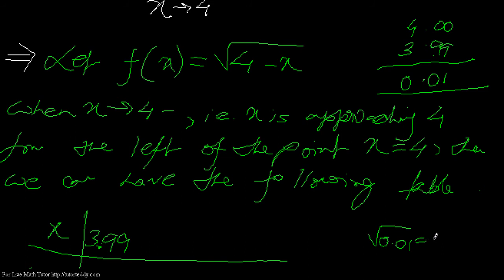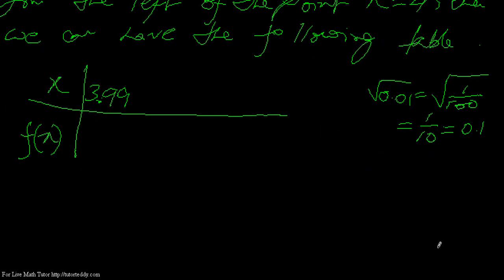If I take 1 by 100, because the decimal point is after 2 digits from the left side, so this is 1 by 100, and I take out this 100 from here, that means 1 by 10 is the value, right? 1 by 10 means, in decimal I can write 0.1. So when x equals 3.99, f(x) equals 0.1.